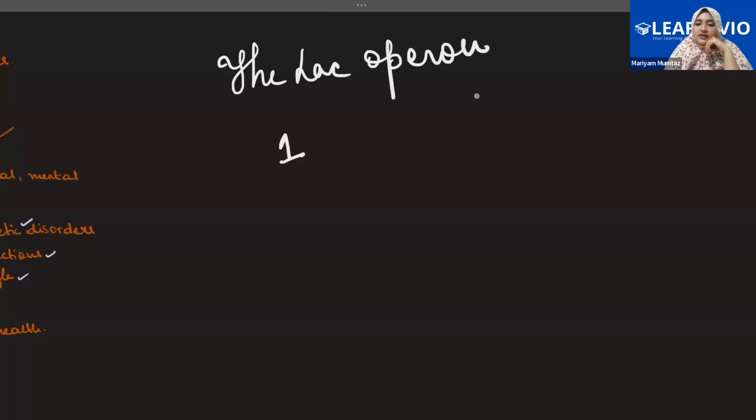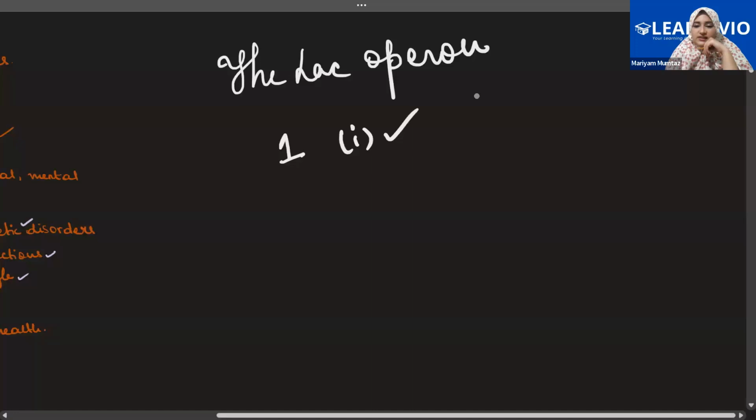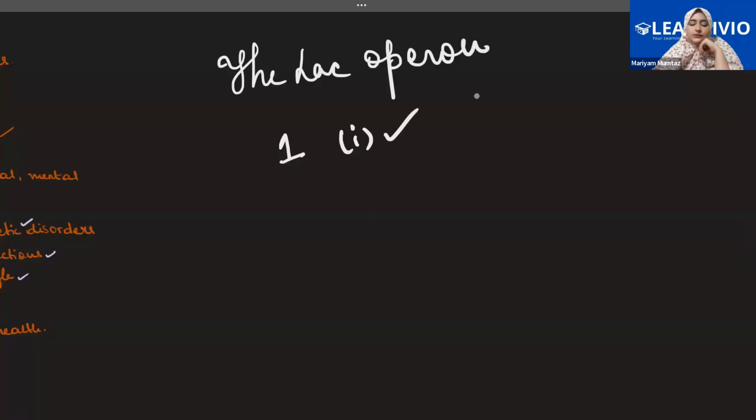When you write that, in the bracket you write I. So this is the regulator gene also, and it is the inhibitor gene as well.